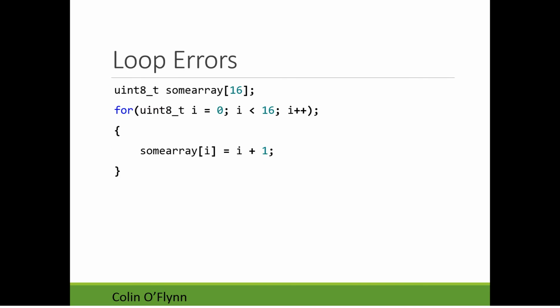Loop error, so the error here is this for loop. What's going to happen is it's not going to assign these values to some array. The problem is that I have this semicolon at the end of the for loop, and the C code will actually say, all right, you want me to just loop on what's between the end of here and the semicolon. So I'm just going to loop 16 times, like that, and then I'm done. And then it's going to spit out of the loop.